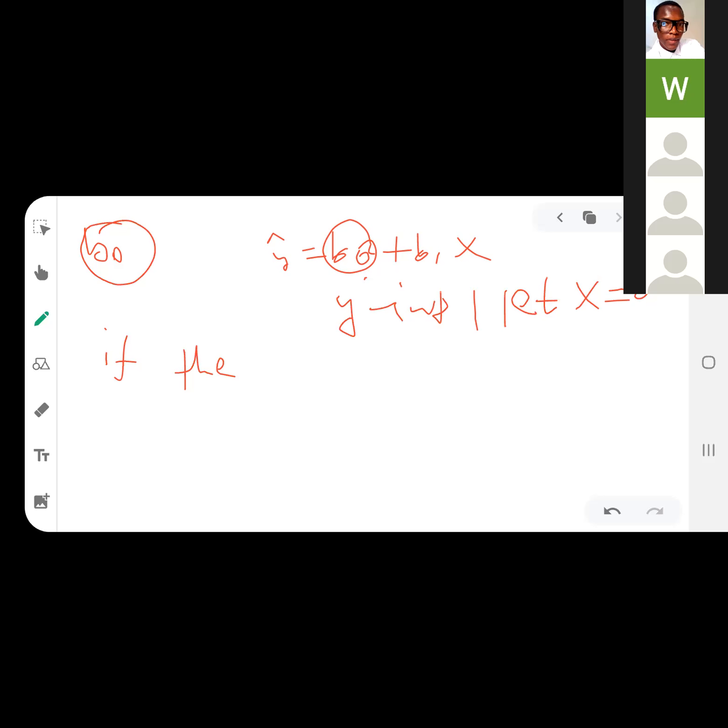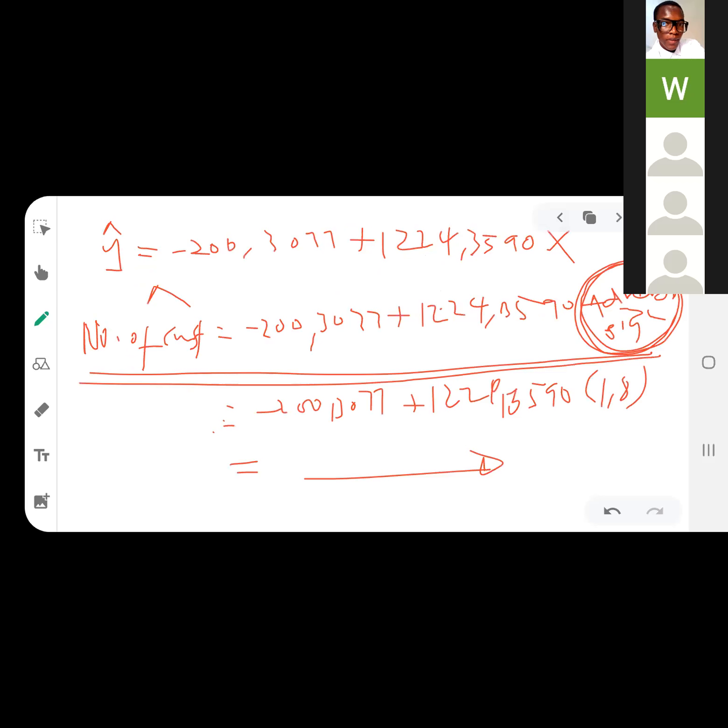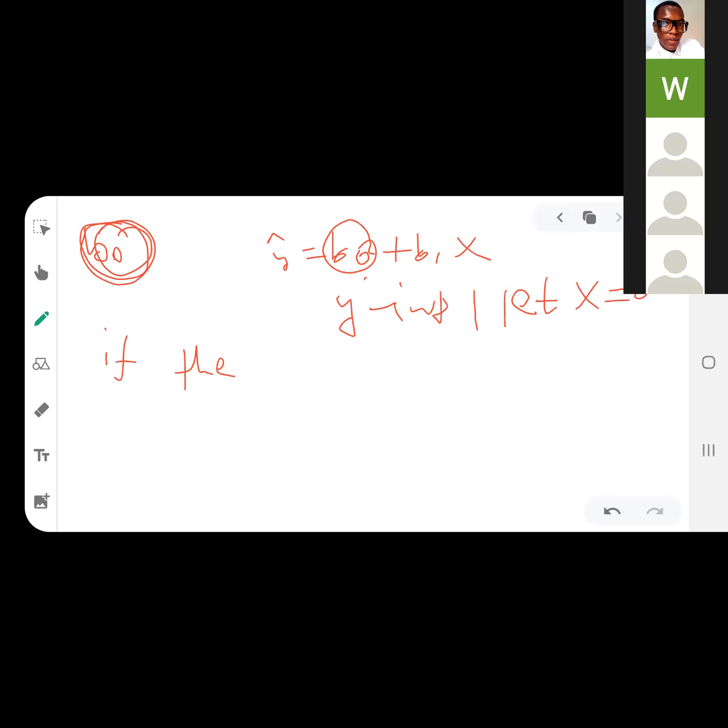So I will repeat, if the area of advertising sign is 0, or if x equals 0, then the estimated number of customers is what you got when calculating B0, which is negative 200.3077.